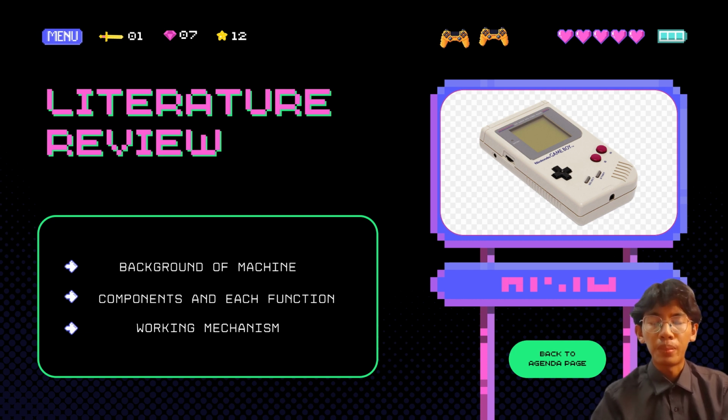For the working principle, when you turn on the Game Boy, the power supply delivers electricity to all components. For the cartridge insertion, insert a game cartridge into the cartridge slot.